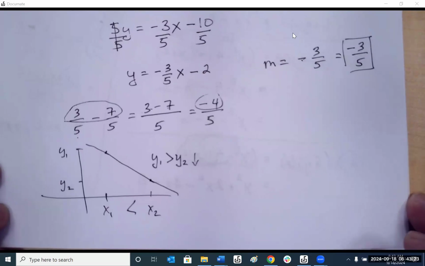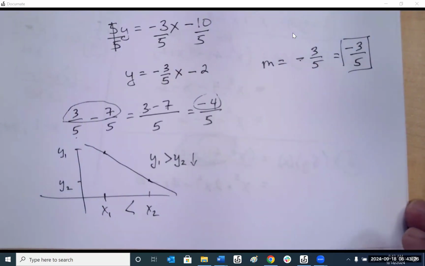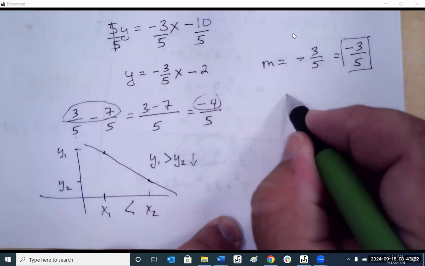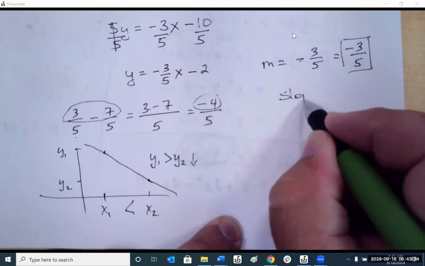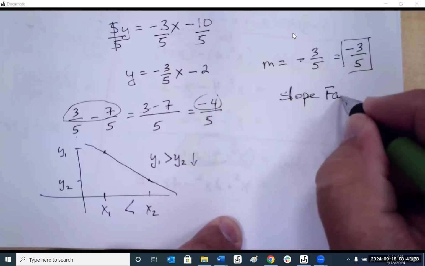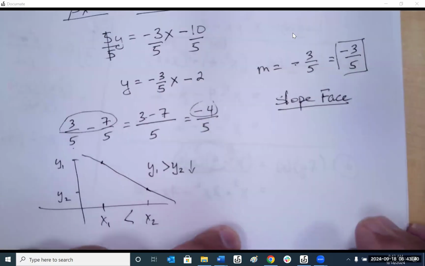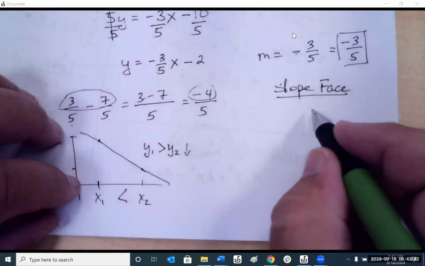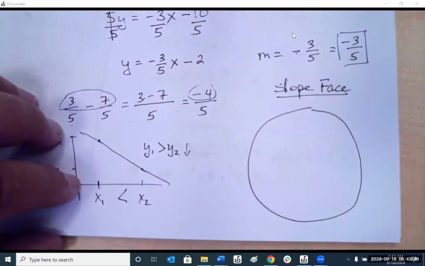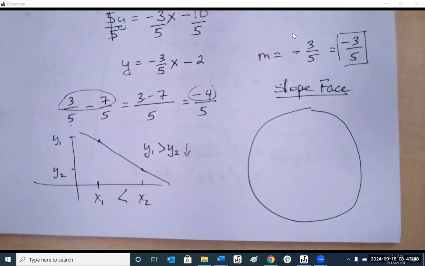But there's another way you can do this. This is what we talked about last time, increasing, decreasing. We can use slope face. It sounds Mickey Mouse, but trust me, I've had seniors and graduate students use this.